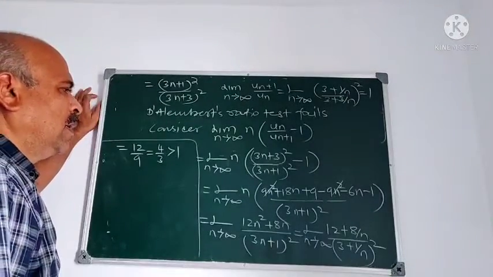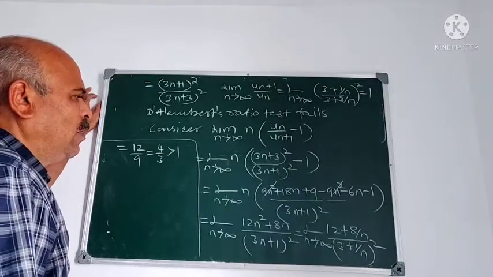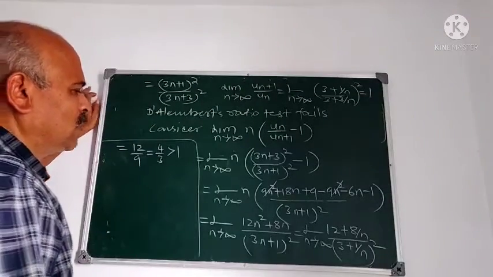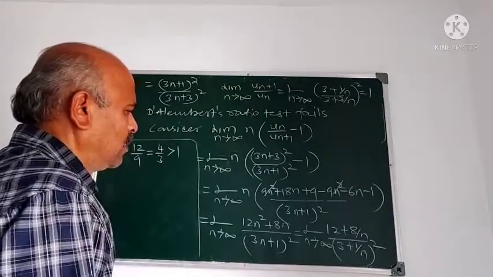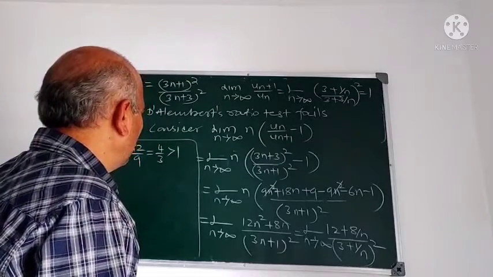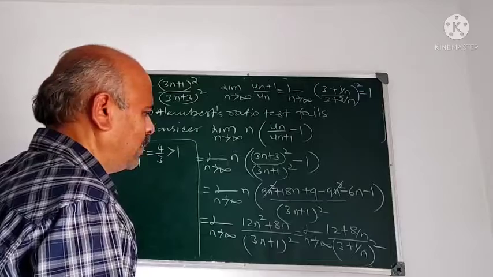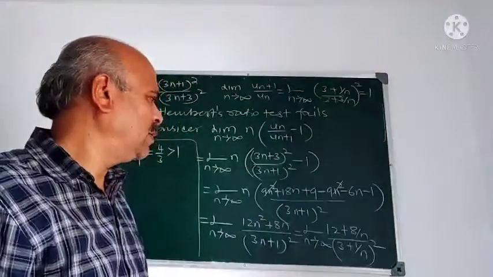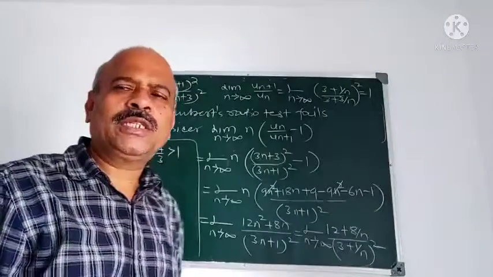6n minus 1 upon 3n plus 1 whole square. 8 minus 12n square it is. 12 by 3, 12 by 9, 4 by 3, greater than 1. What is the conclusion of Raabe's test?